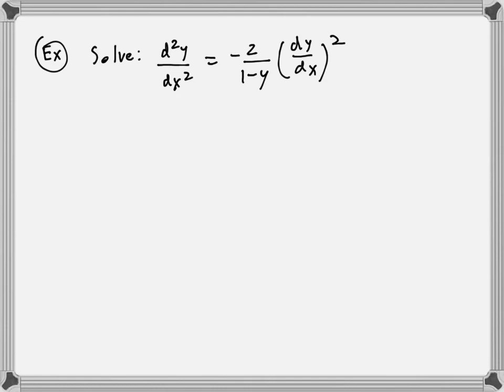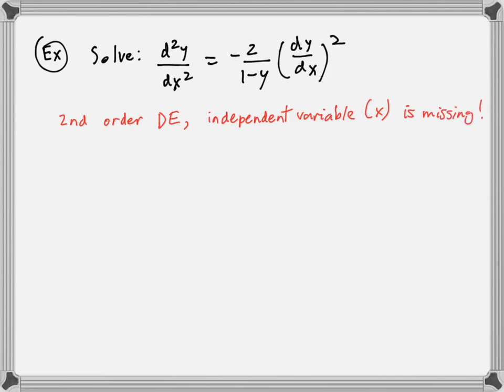You will notice that this is a second order differential equation, and which variable's missing? The x is missing, right? So the independent variable, which is x, is missing. Okay, so this is how we know that we're going to do this substitution.